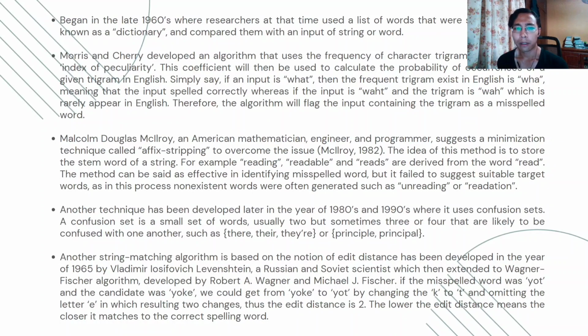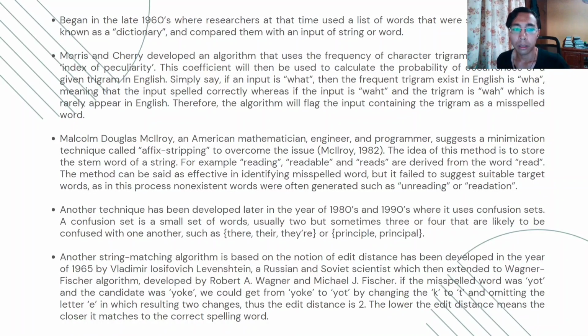So if an input is the word WHAT, and the frequent trigram in English is WHA, it means the input is spelled correctly, whereas if the input is WAHT and the trigram is WAH, which rarely appears in English, the algorithm will assume that the containing trigram is a misspelling.